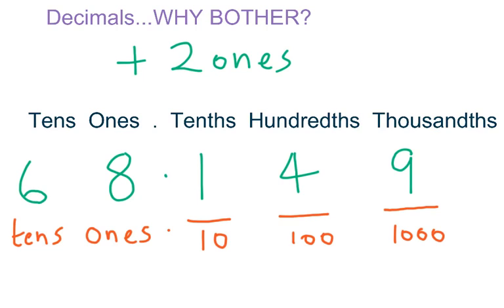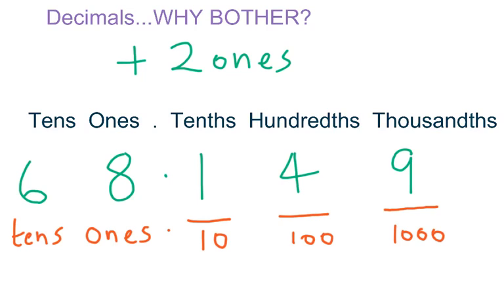So let's do a simple example just dealing with whole numbers, something we're familiar with. If I had 68, as I do in this number of 68.149, and I added 2 ones, that would create 10 ones in the ones column. And as we already have learned, we can't put a 10 in the ones column because it would make the number look like 610.